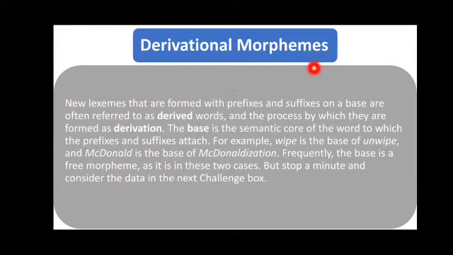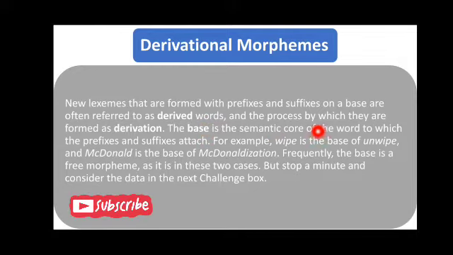Derivational morphemes. New lexemes that are formed with prefixes and suffixes on a base are often referred to as derived words. When prefixes and suffixes are added to a base, the results are often referred to as derived words. I'll give examples later on.